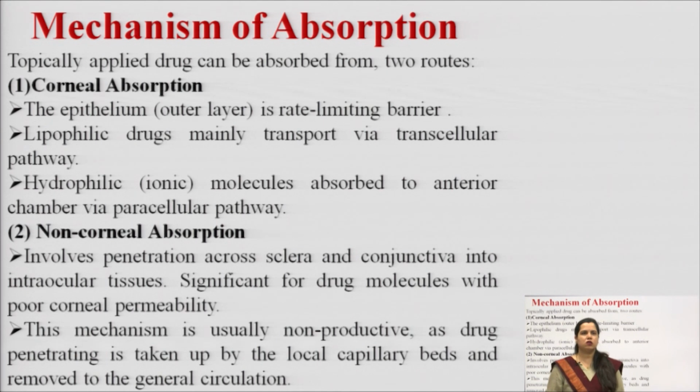So, first is corneal absorption. Number one, the epithelium, the outer layer of the cornea, is a rate limiting barrier. We should know that the cornea is made up of 5 sublayers, and the outermost layer is the epithelium, which is the rate limiting barrier for most drugs.